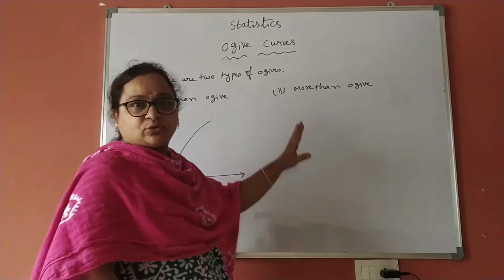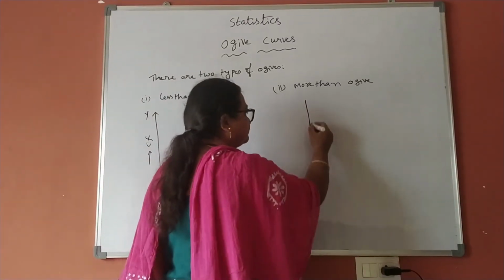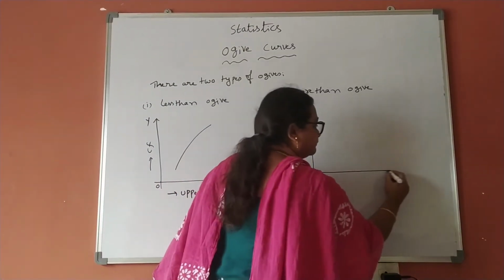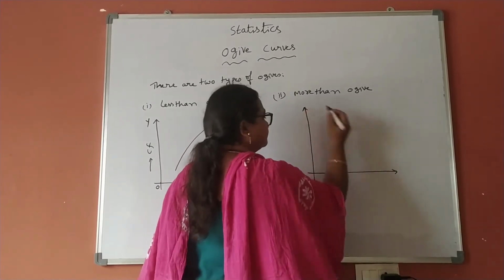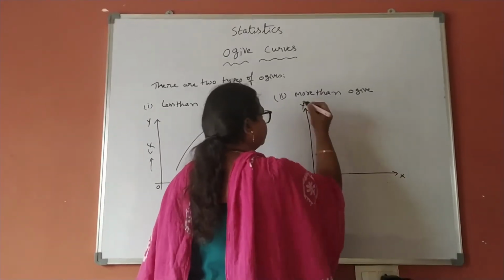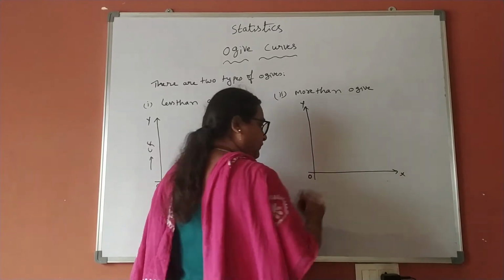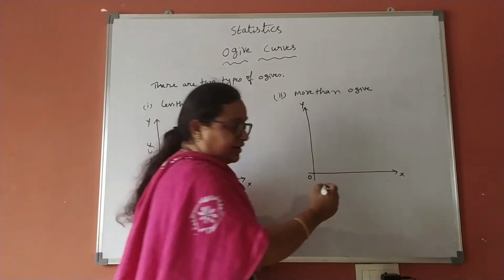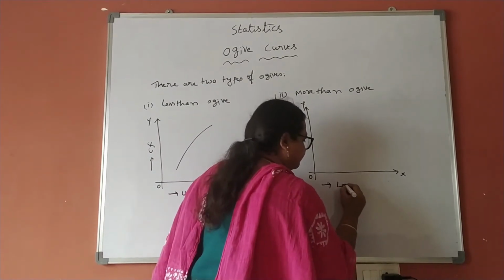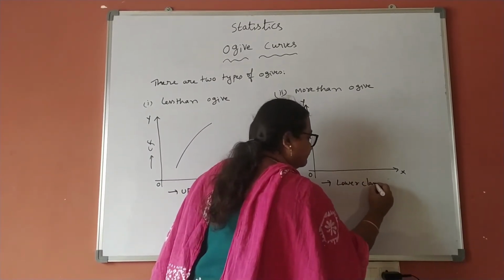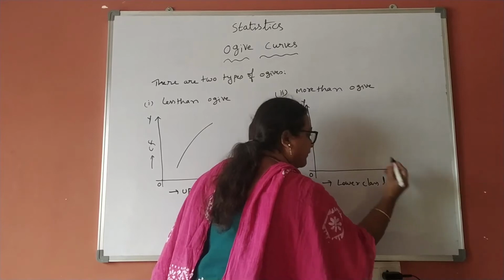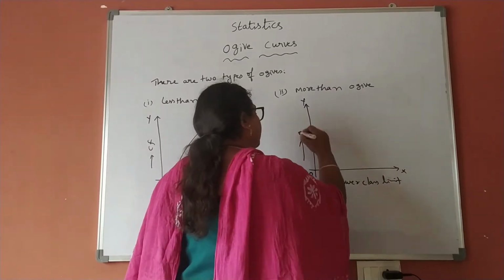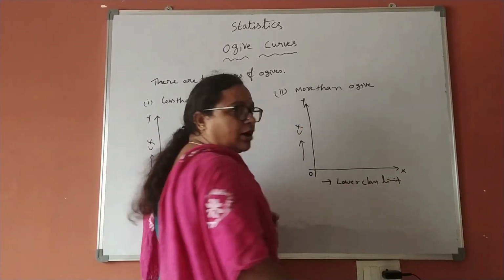Now more than OGIVE. We plot lower class limits on the x-axis and cumulative frequency on the y-axis.